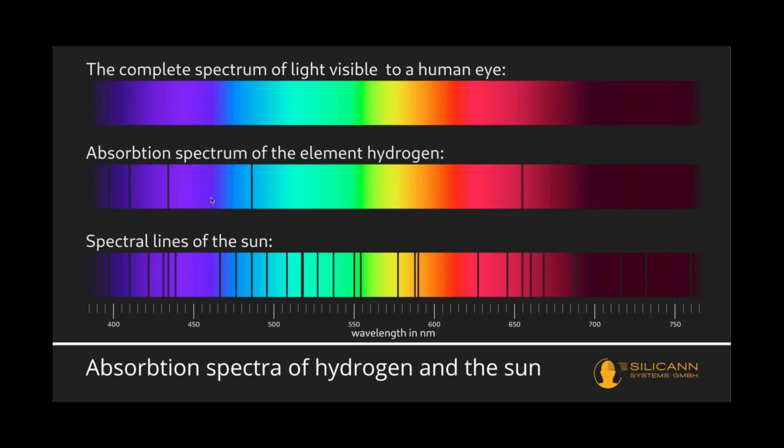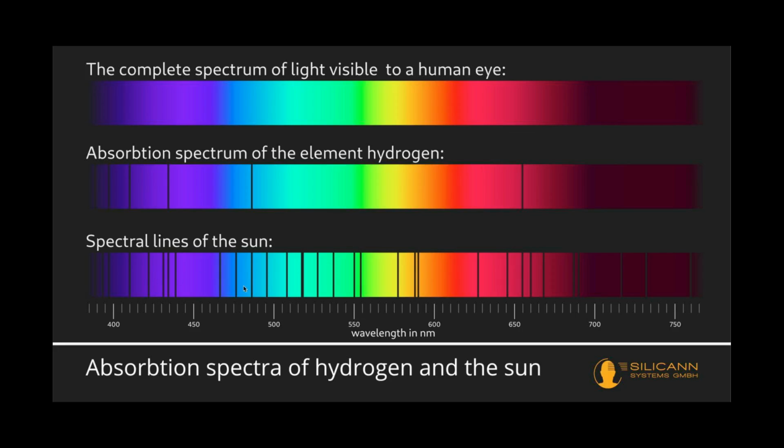Now, if we look at the spectral lines of the sun, we can see that there's a lot more lines than the ones for hydrogen. So a couple things here. First, you could see that all the lines in the absorption spectra of the element hydrogen are in the spectral lines of the sun.